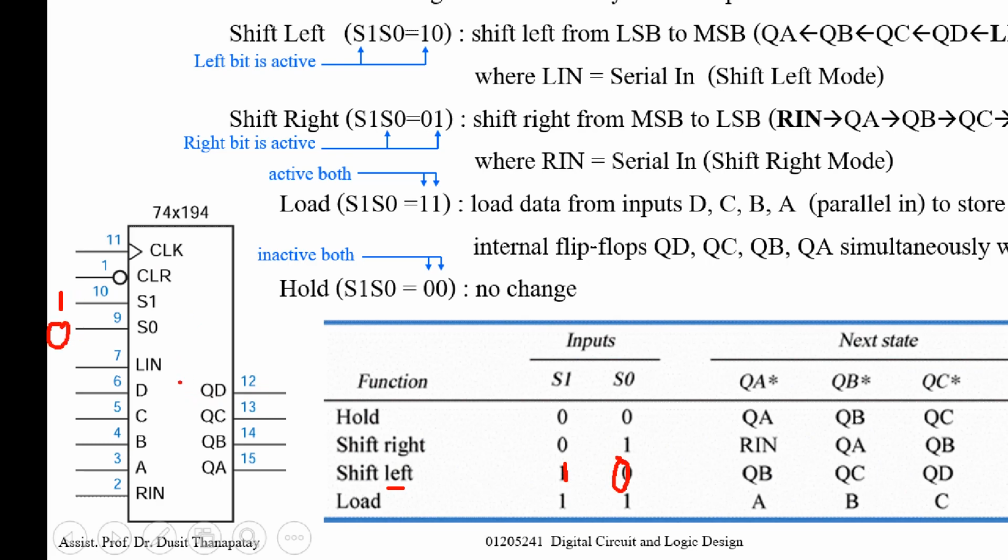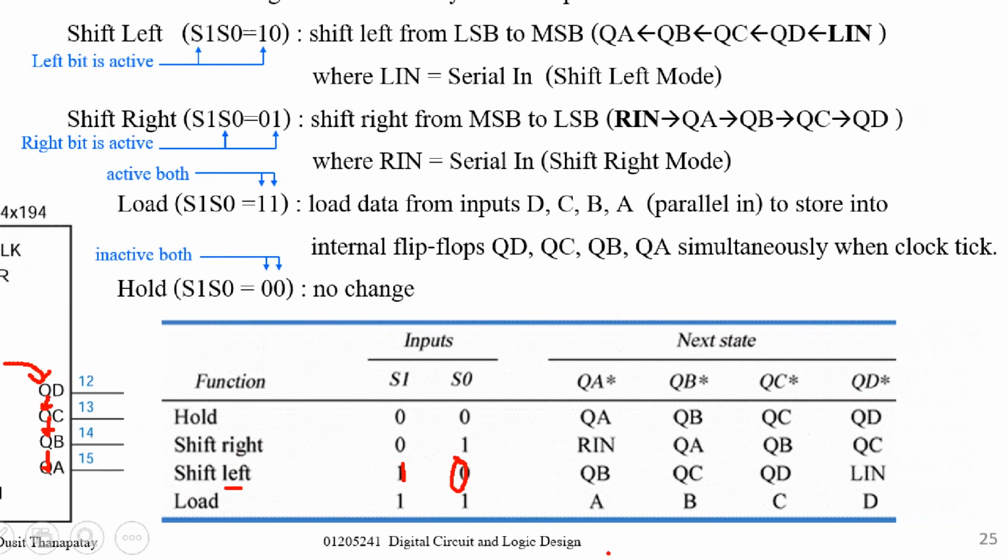Now you will follow this direction. L in, the zero input of shift left mode. L in, L is from left. L in goes to QD, QD goes to QC, QC goes to QB, QB goes to QA. If you see this one, it's something like this. This is shift left in this direction.